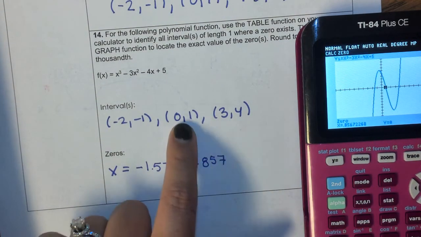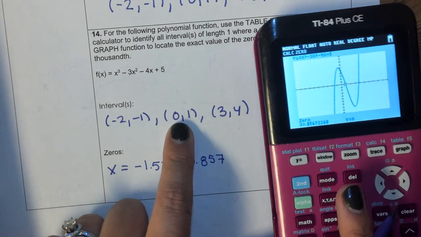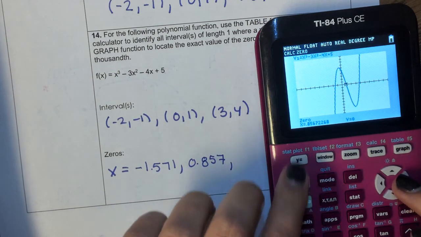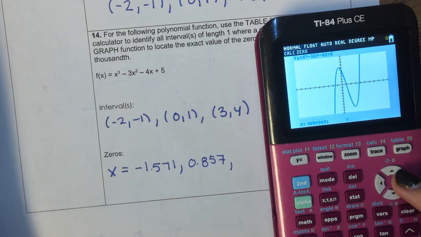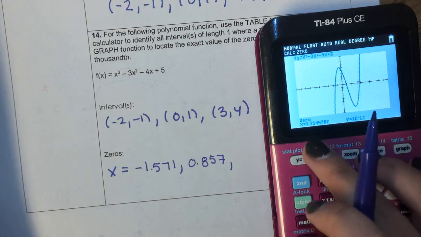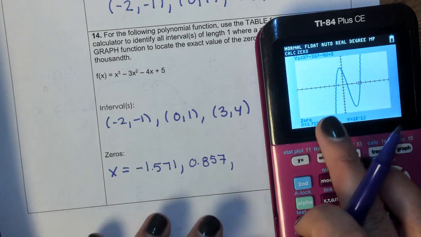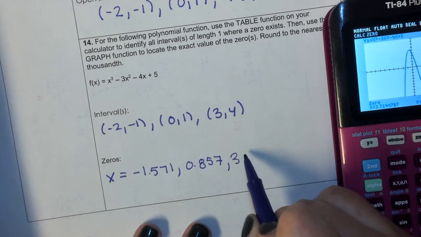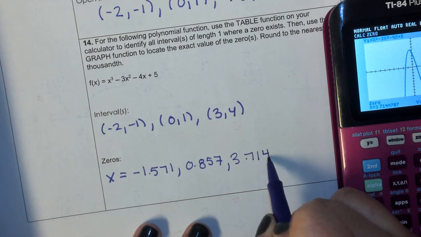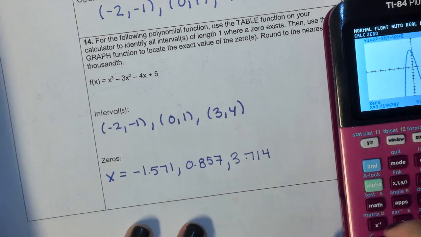And that value is definitely between the interval of 0 and 1. And lastly, the 0 is happening here at 3.714, and 3.714 is definitely between 3 and 4.